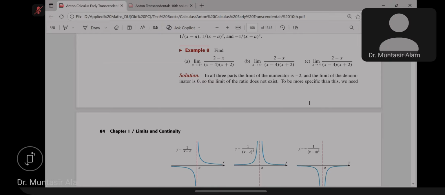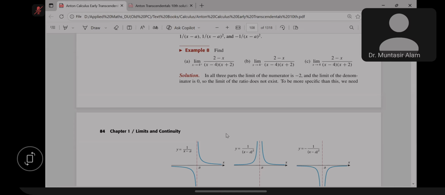Firstly, we'll start with problem number A, where we need to check the limit at x equal to 4 from the right hand side. As you can see, we cannot substitute x by 4. Am I right? Can we substitute x by 4? No, sir. Because in the denominator, it becomes 0. So something divided by 0 means the function becomes infinite.